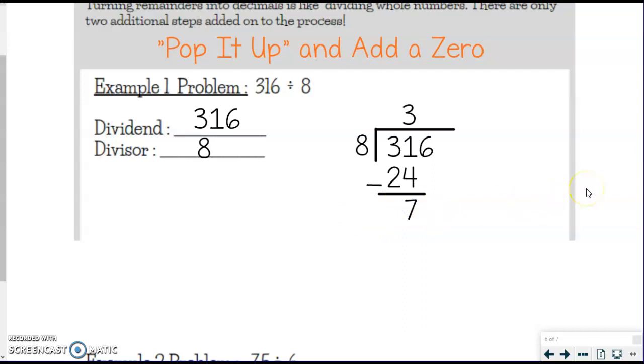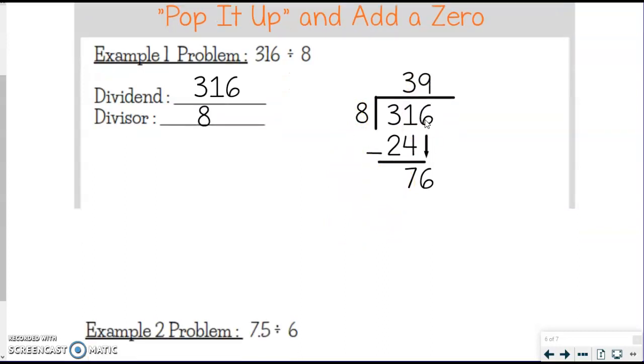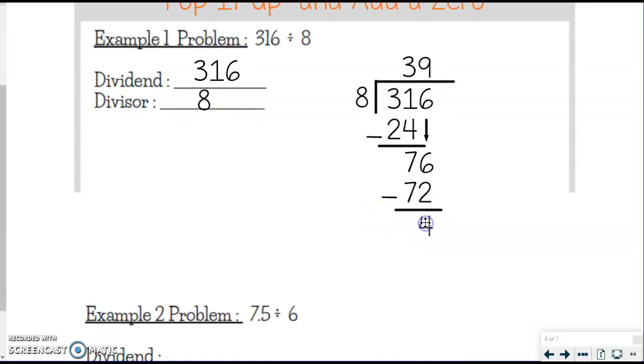Remember, we check to make sure that that is less than our divisor. Otherwise, that means we missed groups up here. So 7 is less than 8, so we can bring down our 6. Now we're asking how many times does 8 fit into 76? It fits in 9 times. 9 times 8 gives us 72. We're going to subtract that, and we end up with 4.